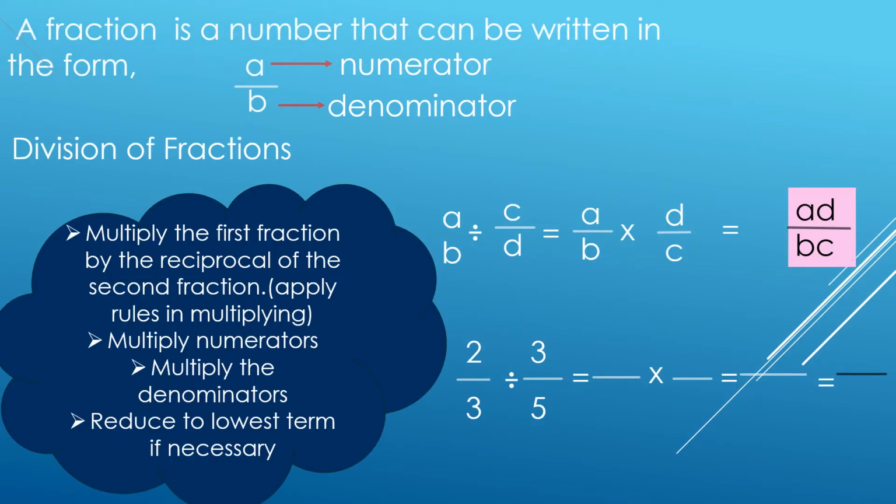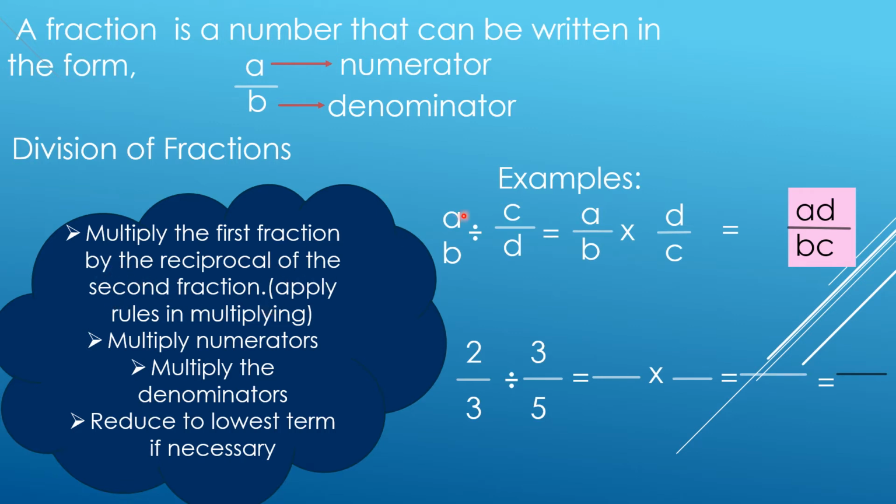Now, what about in division of fractions? So, I have here A over B divided by C over D is equal to A over B times D over C, which is equal to AD over BC. So, paano nangyari yan? Okay, ganito ang gagawin natin. Multiply the first fraction by the reciprocal of the second fraction.